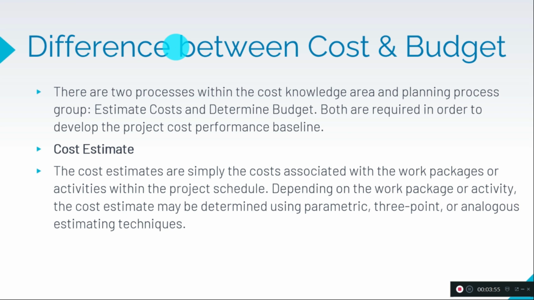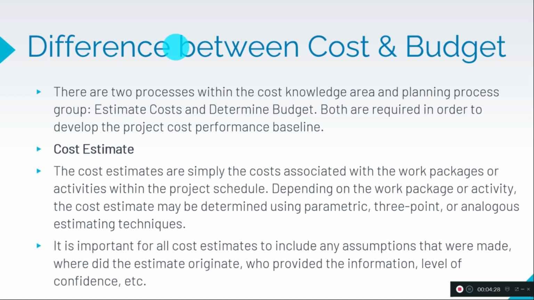Depending on the work package or activity, the cost estimate may be determined using parametric, 3-point and analogous estimation techniques. So there are different techniques to identify the cost estimation for each activity or work package. Okay, we will not go in depth about how we will calculate the cost for each task or each module. That we will cover in a separate session.